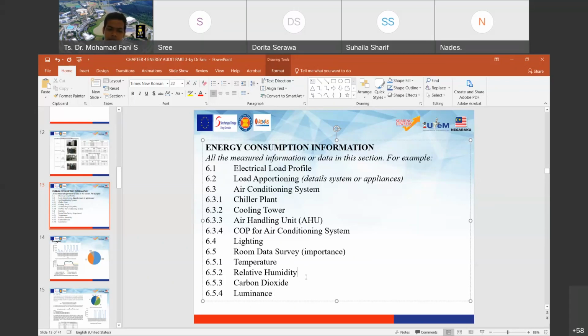Temperature and humidity, you can buy a very cheap clock with temperature and relative humidity available. Over there, you can see the plot with the temperature and relative humidity.